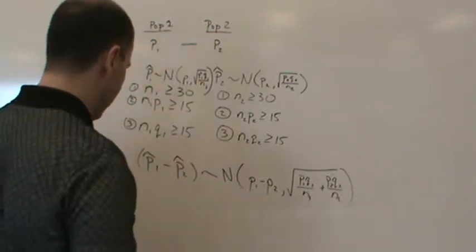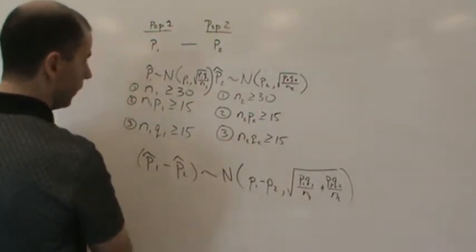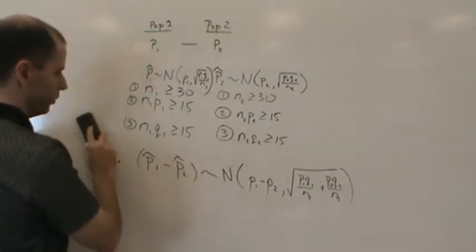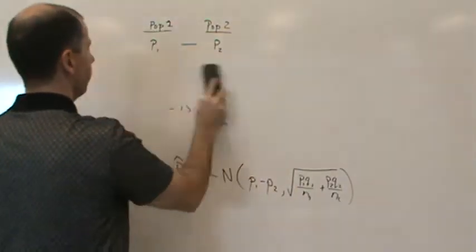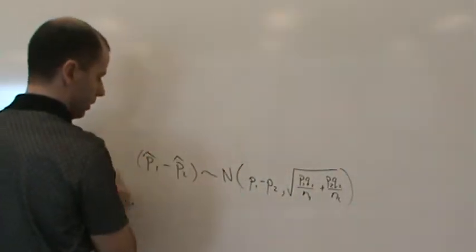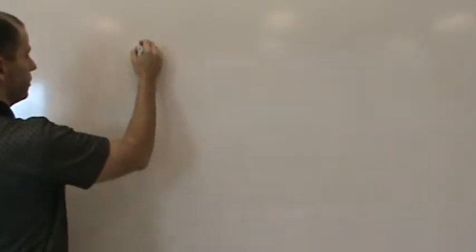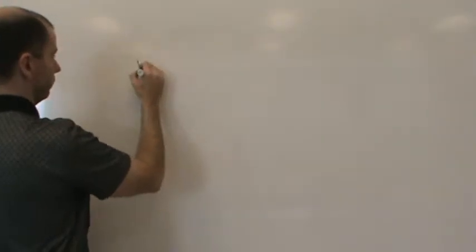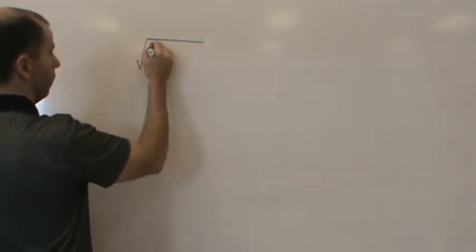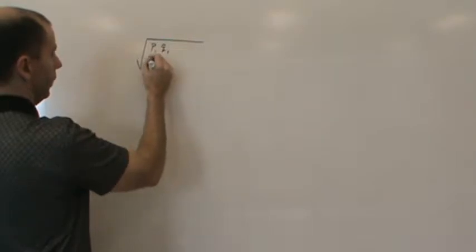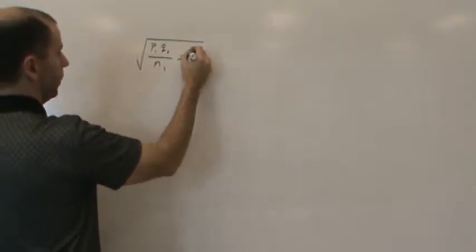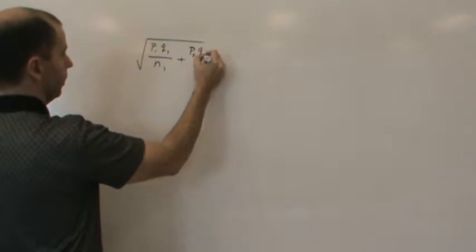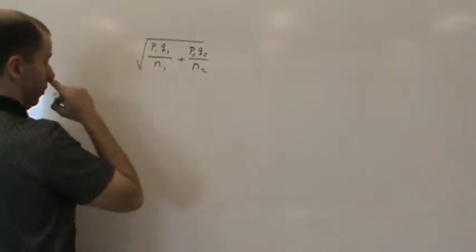Okay, so how do we do that? The calculation that we're going to use is this. Let me start with this. Here's, again, the calculation for the standard error, or the standard deviation: P1 Q1 over N1 plus P2 Q2 over N2.